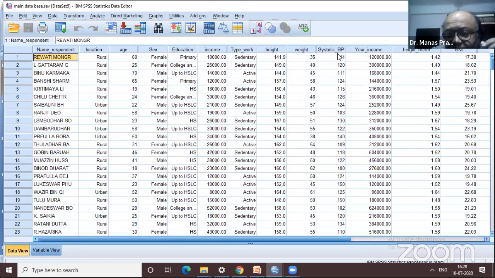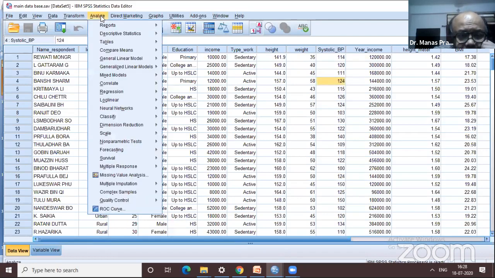So I have to check whether this assumption is true or not with the help of my data. So what will be my null hypothesis? My null hypothesis is that the mean systolic blood pressure level of people of Mizoram is 120, and the alternative hypothesis is that it is not equal to 120.